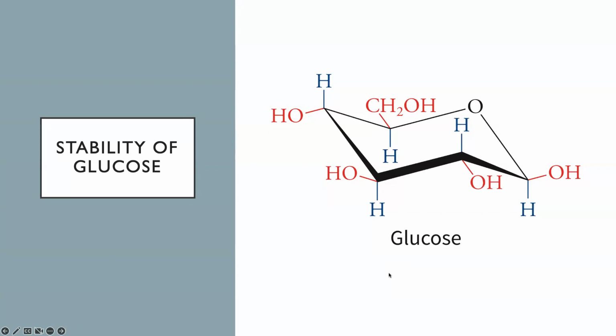In other hexoses, some of these groups may occupy the more crowded and less stable axial positions. So the greater stability of glucose may be one of the reasons that it is abundant among monosaccharides. Again, think about how the position of these different groups is going to lead to stabilization. Glucose is really stable because it has all of these different groups in the equatorial positions.